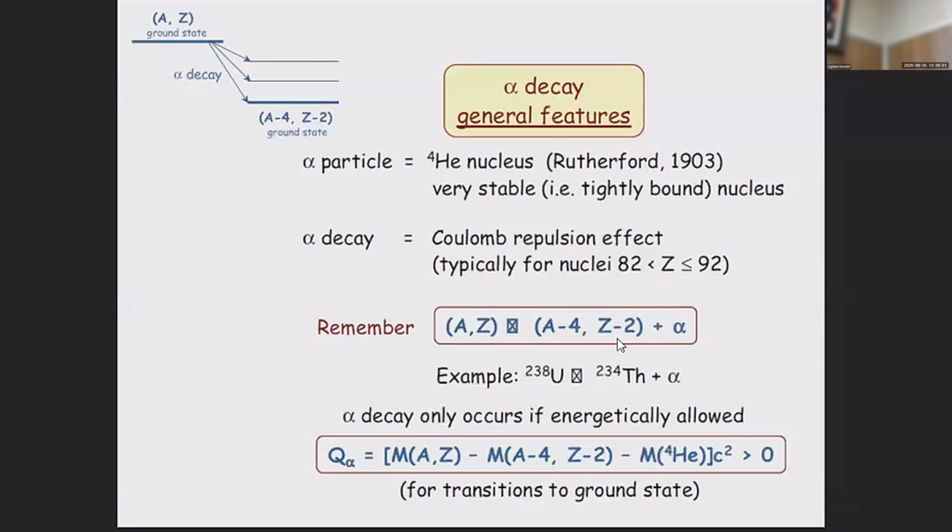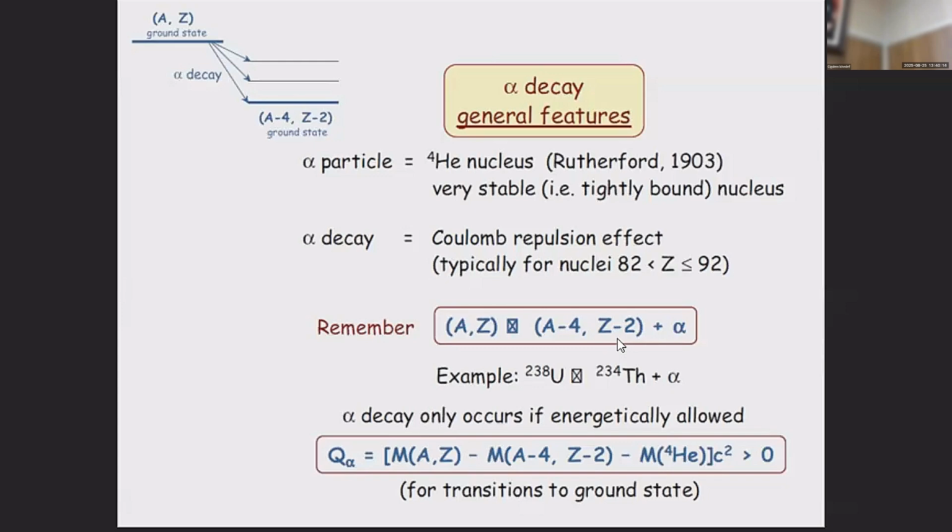This is the diagram: X with A, Z decays to Y with A-4, Z-2 plus alpha. Therefore, the baryon number should be conserved.